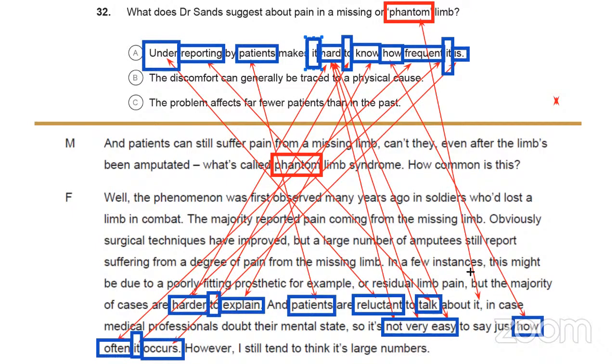So, question number 32. Once you analyze this question like this, it will be easy for you.